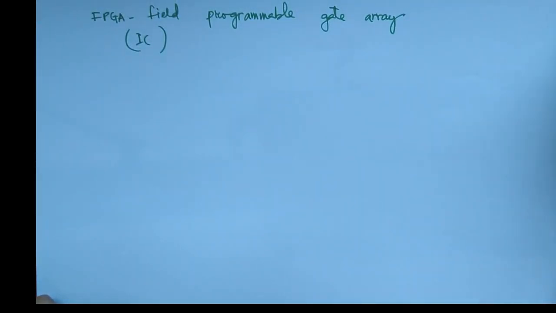Now, since we have microcontrollers, why don't we use a microcontroller to design any system? The first and foremost reason for not using a microcontroller for designing any system is that once the program has been burned in a microcontroller, the program cannot be changed in the field.